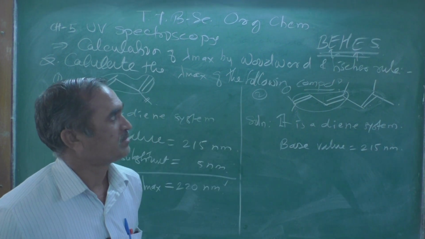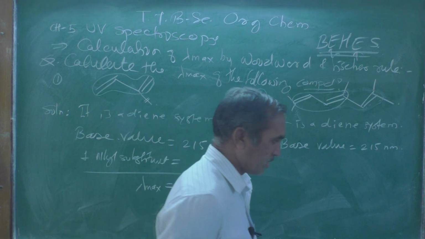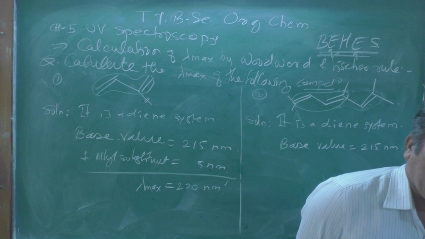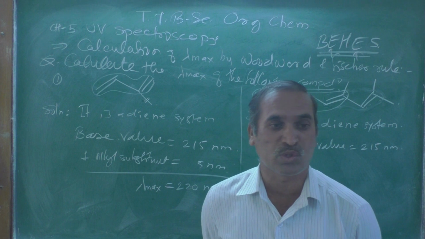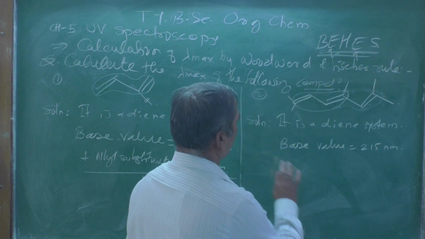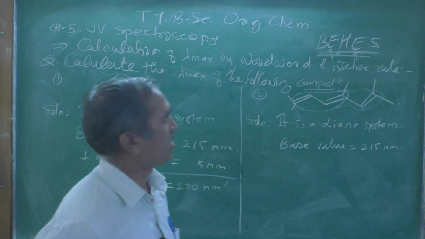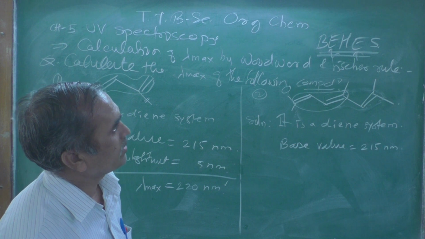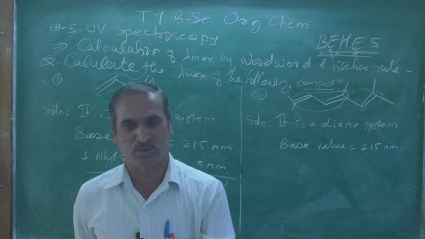Now look at the second letter. E stands for exocyclic double bond. Is there a ring present there? No. So there is no question of an exocyclic double bond. If so, you can write it down or not, it doesn't matter. Now look at the third letter. A stands for homoannular system.